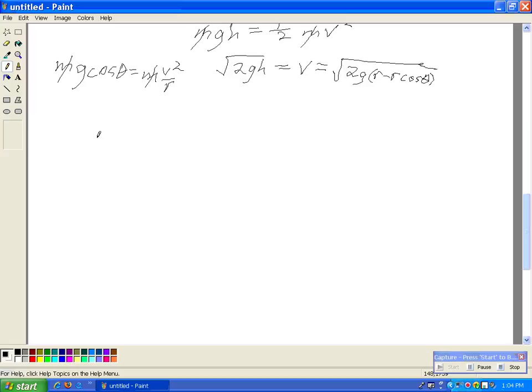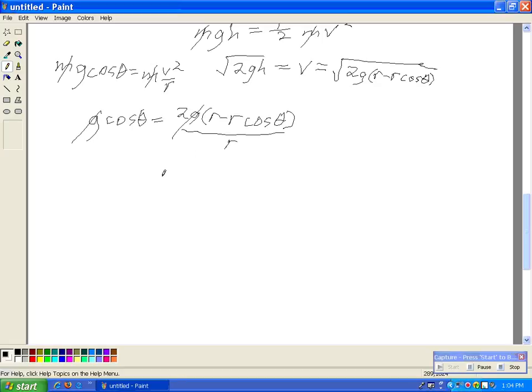So we get g cosine theta equals v squared. Notice something. This whole thing was a square root, so I'm just going to make it 2g times (r minus r cosine theta) all over r. And something else goes away.